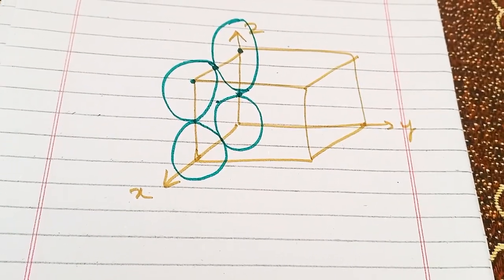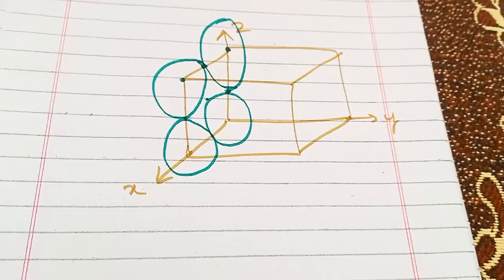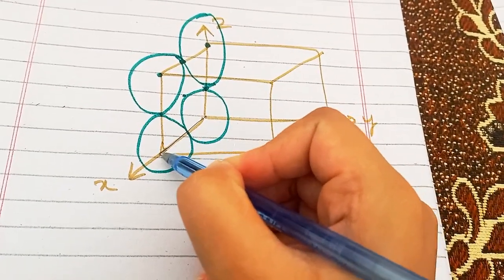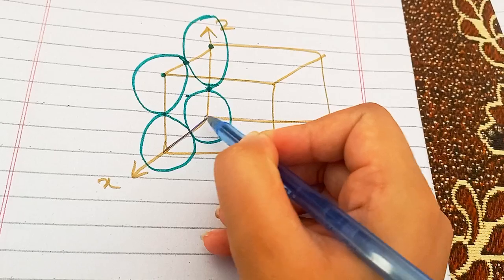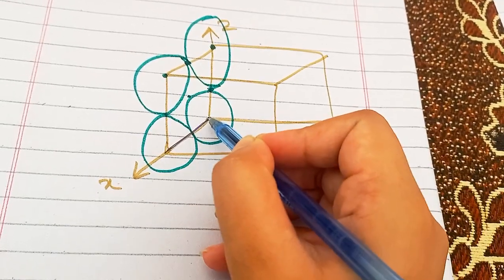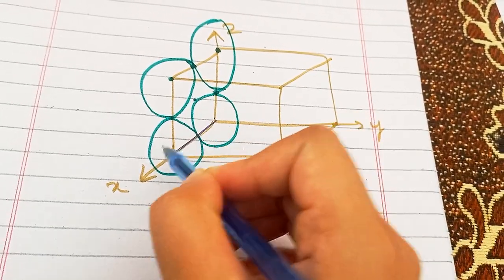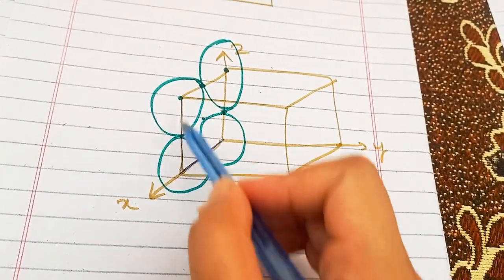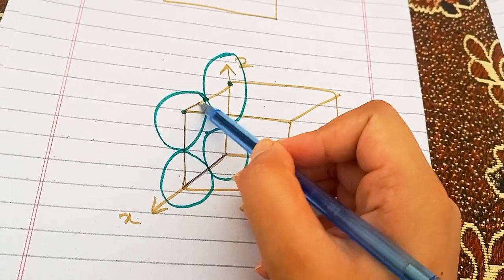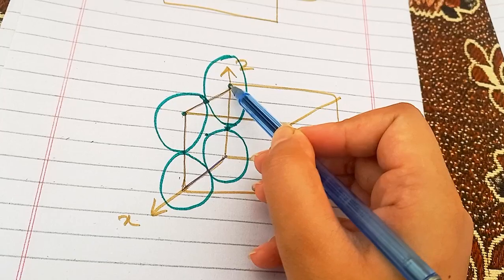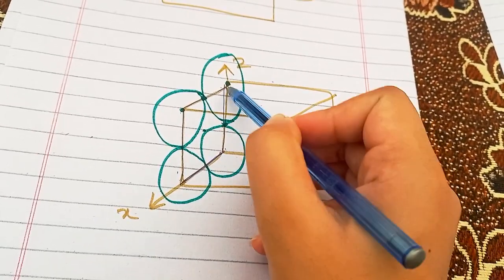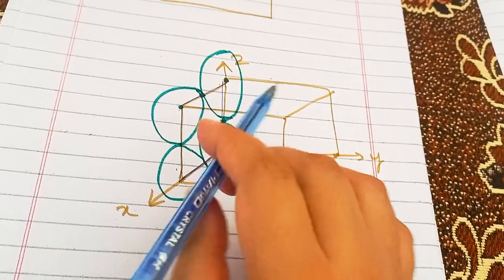Now here you can see that this is the axis direction, parallel to x direction, and it's also the x-axis, so these two atoms will touch each other. This is parallel to z direction, so these two atoms will touch each other. This is parallel to x direction as well, they will touch each other. This is parallel to z direction, these two atoms will touch each other.